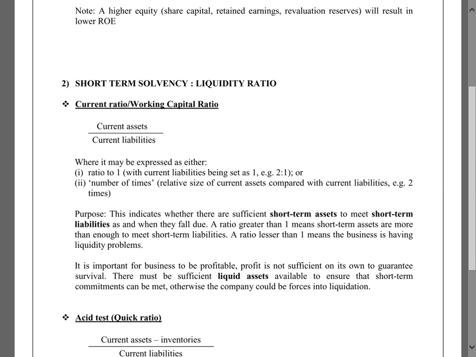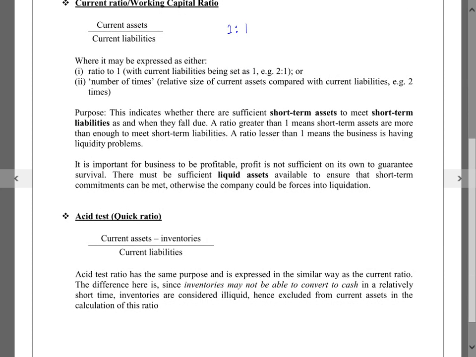The formula is current asset divided by current liability, ideally 2 to 1. What's the ideal ratio for asset test? 1 to 1, meaning $1 of liability, $1 of assets covered.